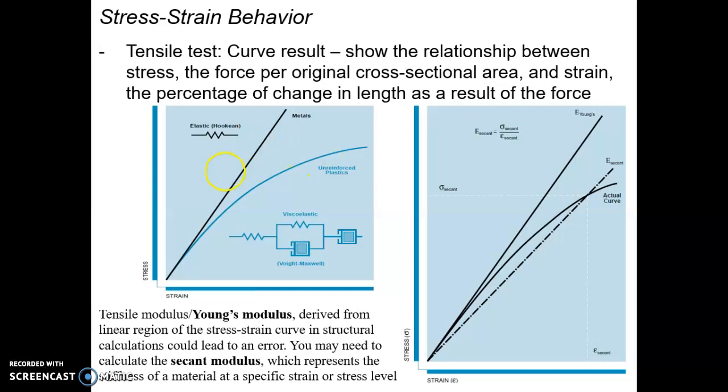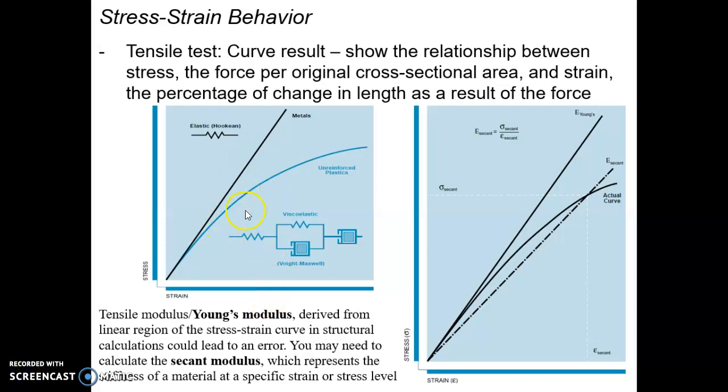The graph is nearly linear at very low stress and strain levels. The stress strain behavior of plastic tends to become increasingly nonlinear as the load increases. Nonlinear means that the resulting strain at any particular point does not vary proportionally with the applied stress.